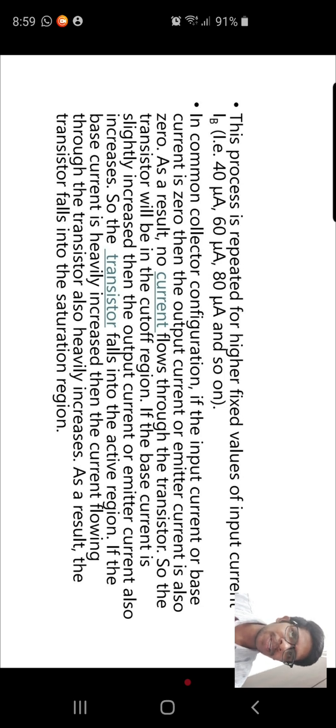As a result, no current flows through the transistor, so this is the cutoff region. If the base current strictly increases, the output emitter current also increases, and the transistor falls into the active region. If the base current increases heavily, the current flowing through the transistor increases heavily. As a result, the transistor falls into the saturation region.